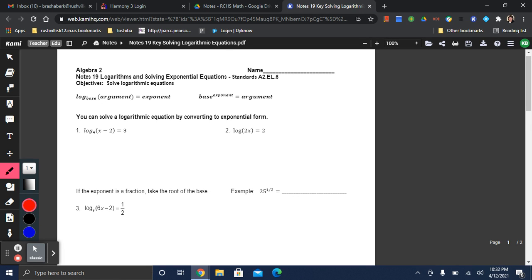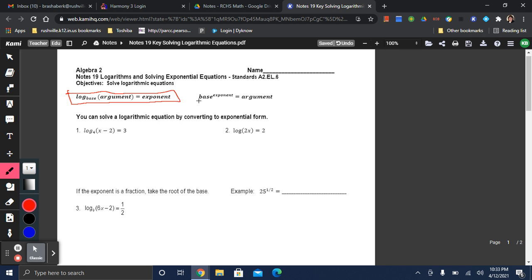Hello students, welcome back. We'll be working today on solving logarithm equations, and to do this you're going to need to be able to convert between these two statements. The first one is where you have the log equation, the log base of an argument equals the exponent, like we have here in number 1.